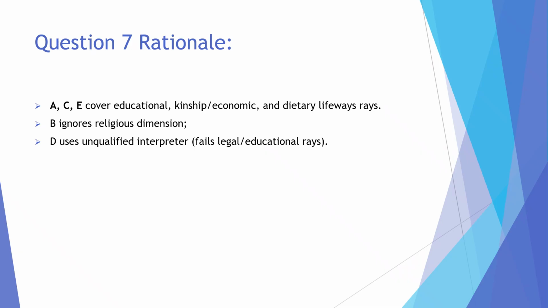So why is it correct? A, C, and E cover educational, kinship, economic, and dietary lifeways factors. B ignores the religion. D uses an unqualified interpreter.